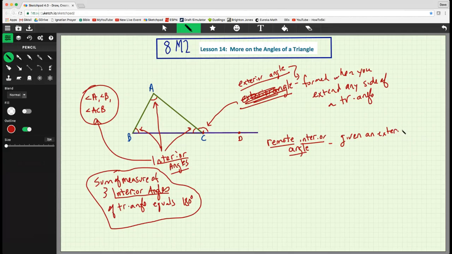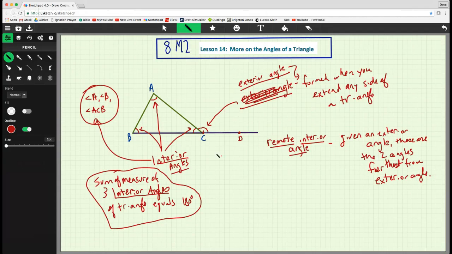So you can only talk about remote interior angles if you have an exterior angle. So given an exterior angle, these are the two angles furthest from the exterior angle.